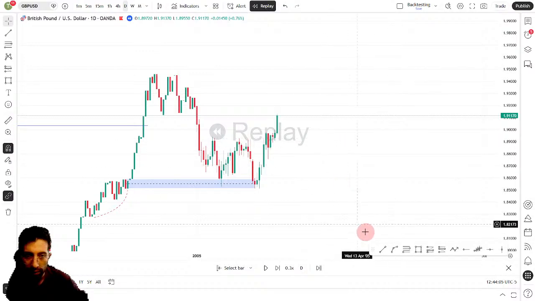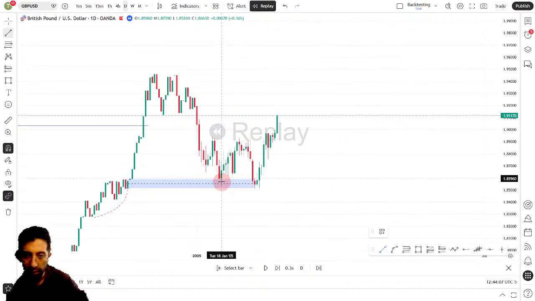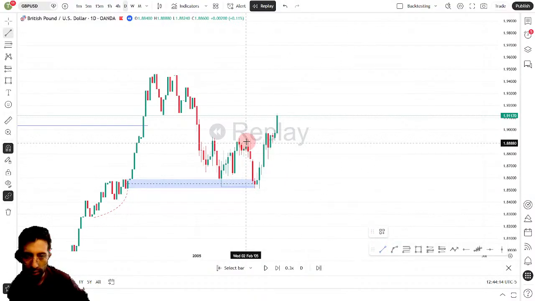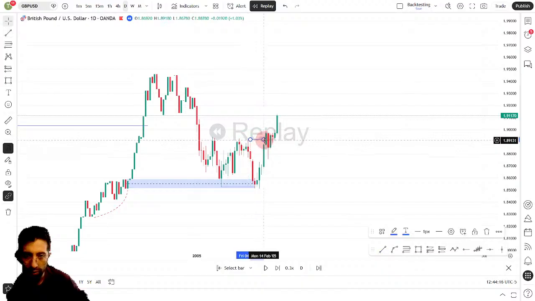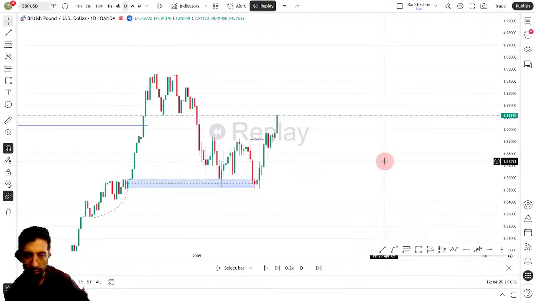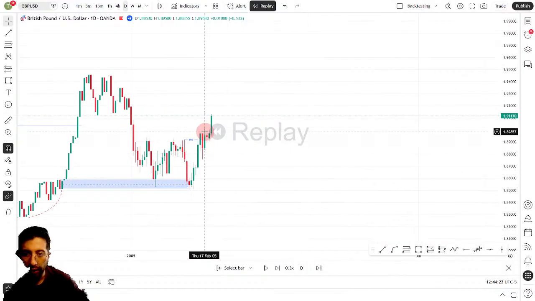Look, inside this, it made a pattern, took liquidity, and then the breakout of the structure. Now, after this body candle, we can actually enter on this.